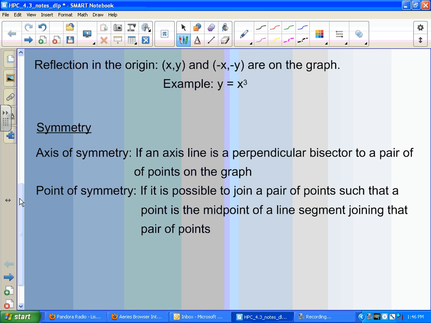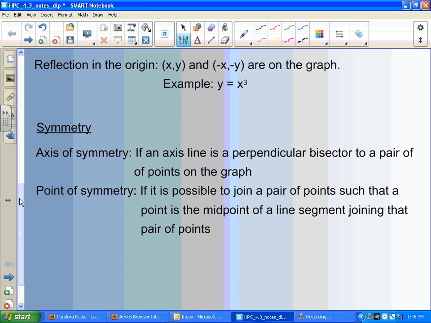Symmetry, we know this concept of symmetry. Like a book, for example, the right side of the book and the left side of the book are symmetrical. They reflect over the spine of the book, which is an axis. And again, points of symmetry, like what shapes? What shape do you think would be symmetrical around a point?